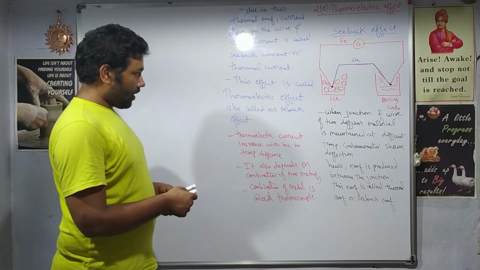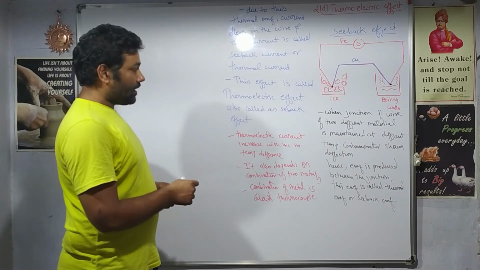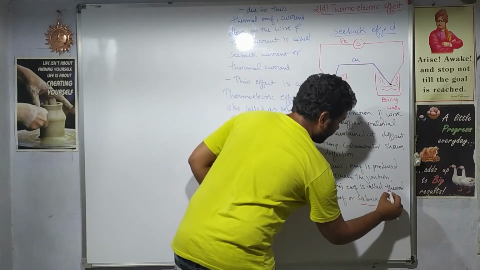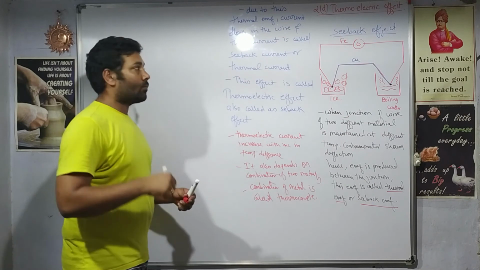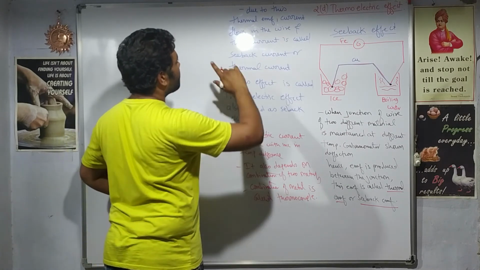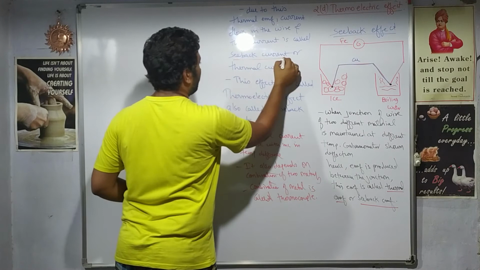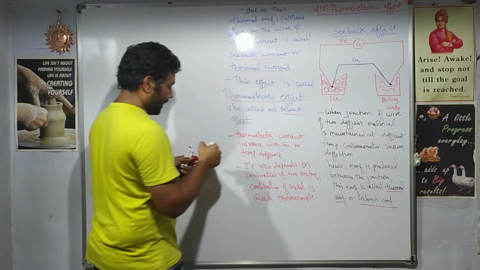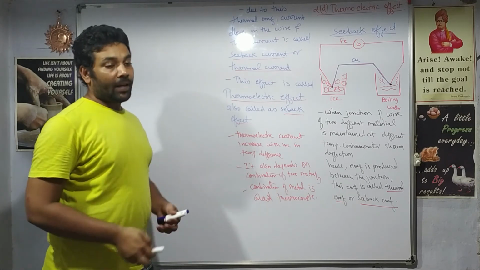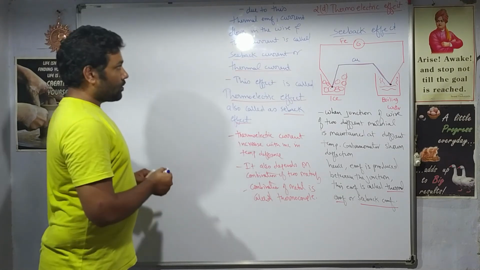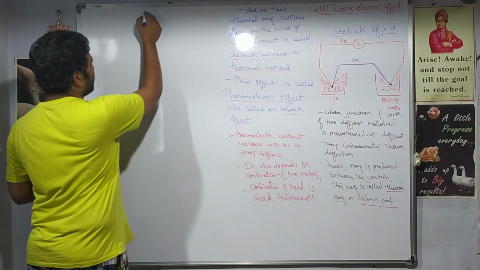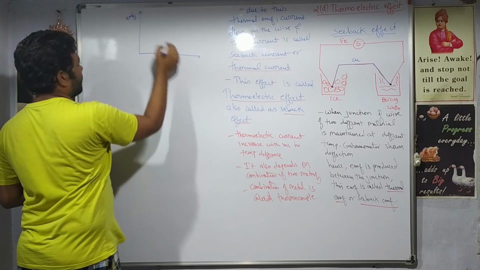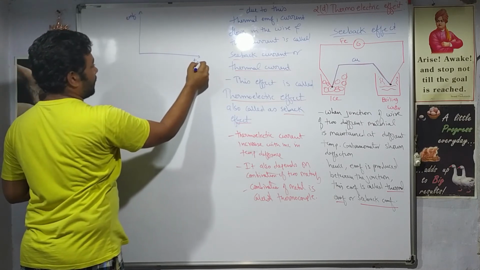These are terms which need to be very well understood. I will underline those terms. Seebeck effect or thermal EMF, these are asked for 1 mark as MCQs. Also Seebeck current or thermal current, thermoelectric effect or Seebeck effect, and the factors on which this effect depends. There is also one graph related to it: the variation of the EMF with the temperature.